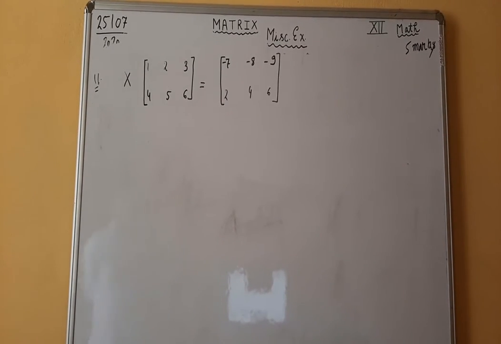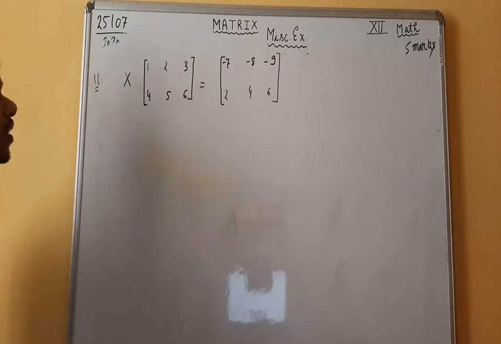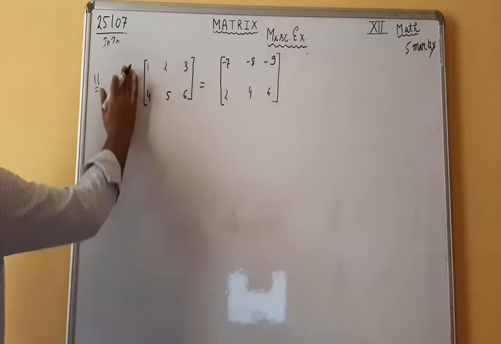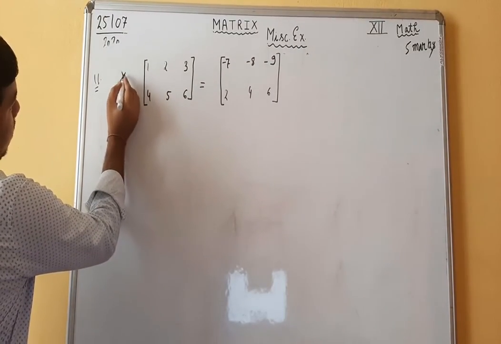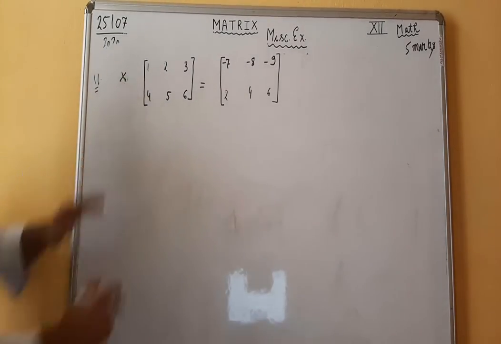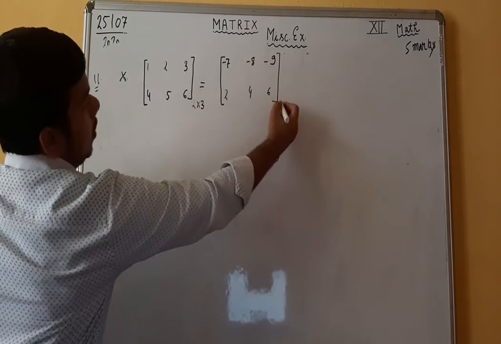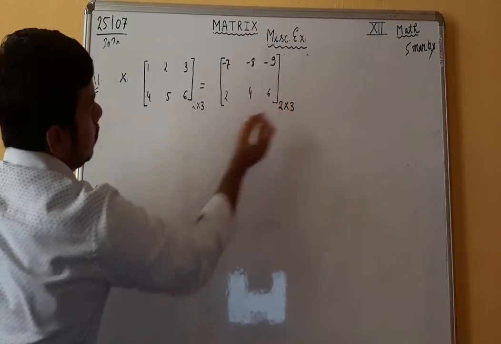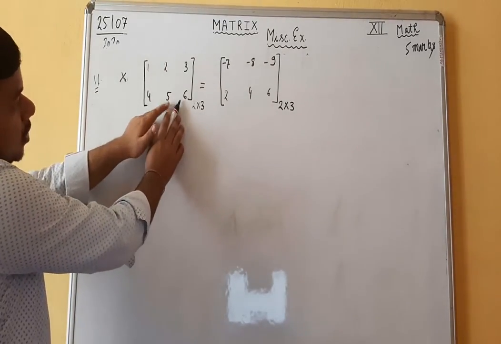In this problem, you are given a matrix equation like this. Now, we have to find the value of matrix X. What will be the matrix X? To find the matrix X, first of all, we have to find the order of this matrix. Its order is 2 by 3. So, the number of columns in X is equal to the number of rows in this matrix.